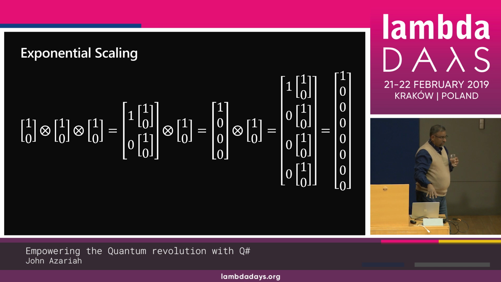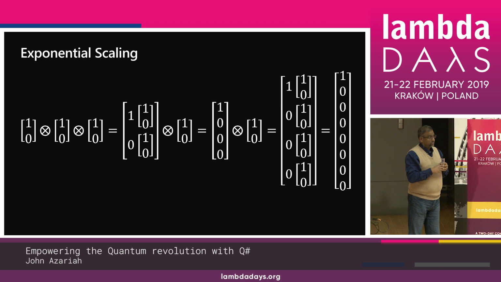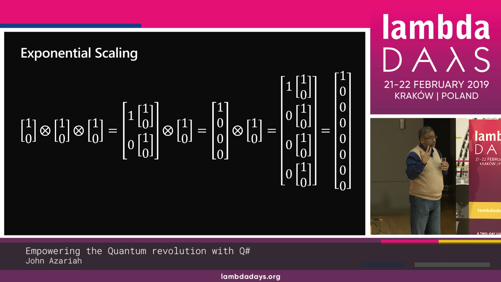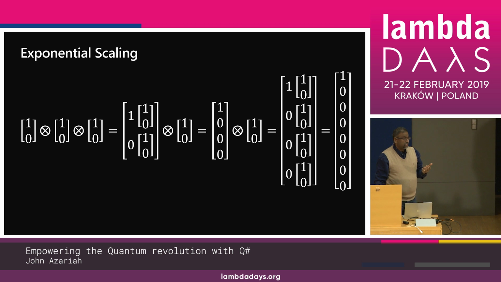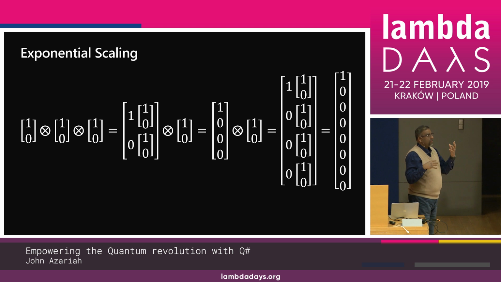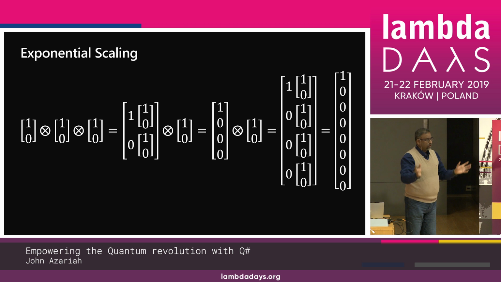If you notice over here, the state of 3 bits actually requires 2 to the 8 complex numbers to represent its state. And this should again give you a sense that there's a lot of information in the quantum system when you have 10 qubits or 15 qubits or 20 qubits or whatever it is.